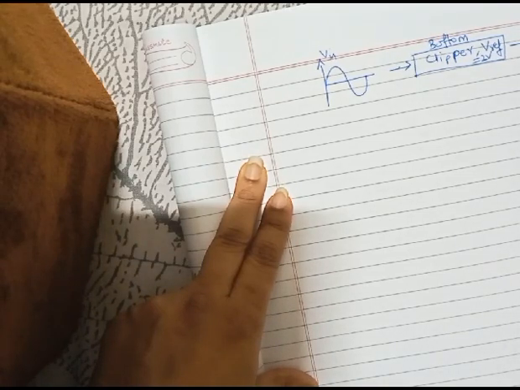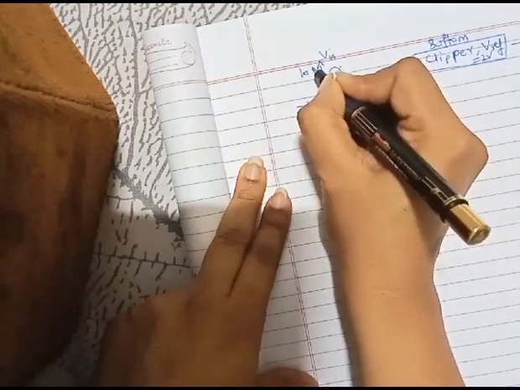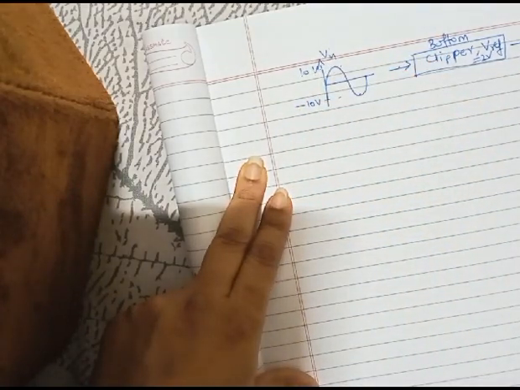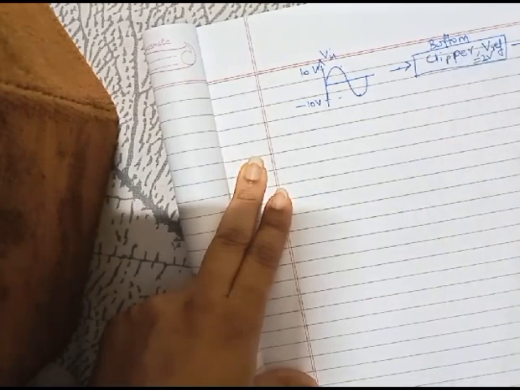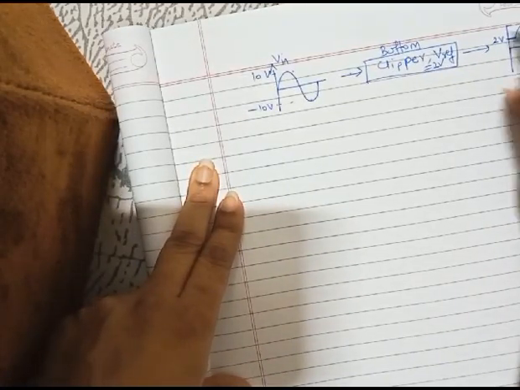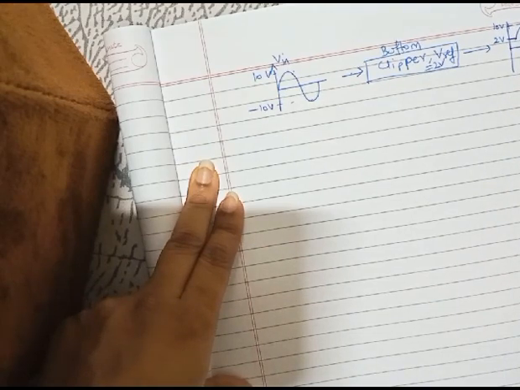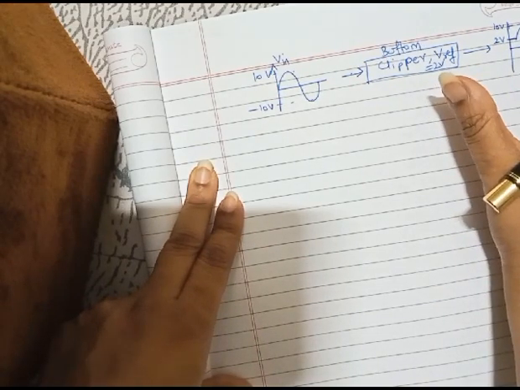This is 2 volt, this is 10 volt, this is minus 10 volt. The output is going to look like this: the waveform beneath the 2 volt is going to be clipped off, and the portion left is from 2 volt to 10 volt. I think I made my point clear.